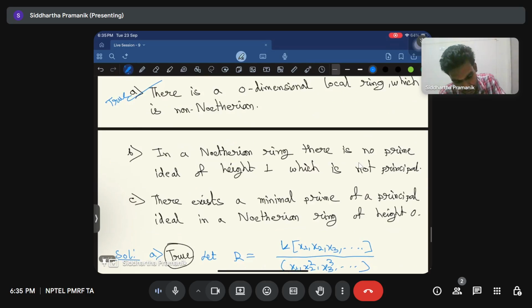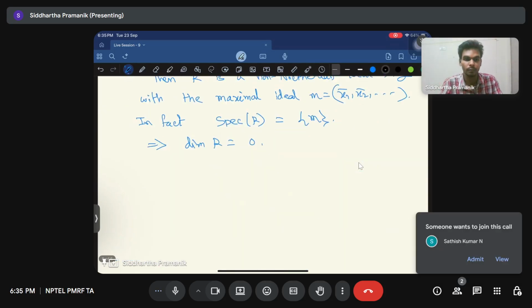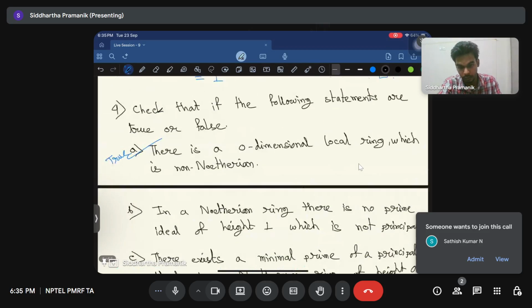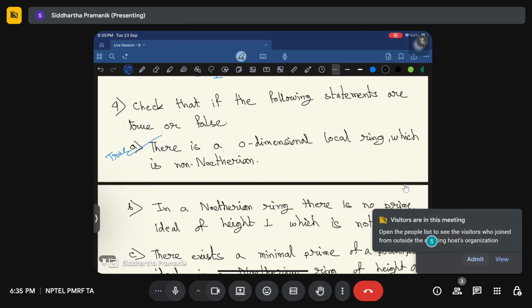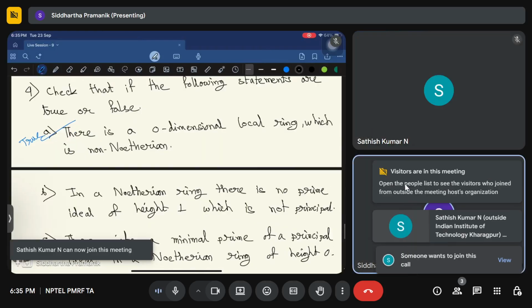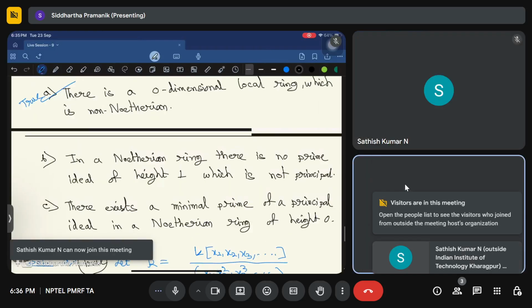Now what about the second one? We need to check whether the second one is true or false.